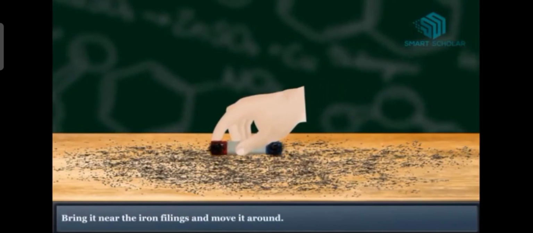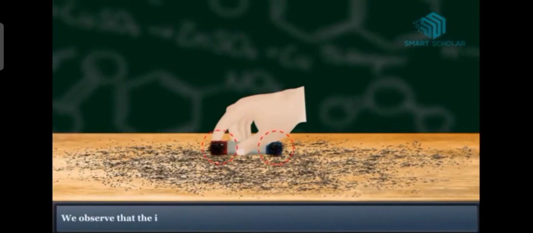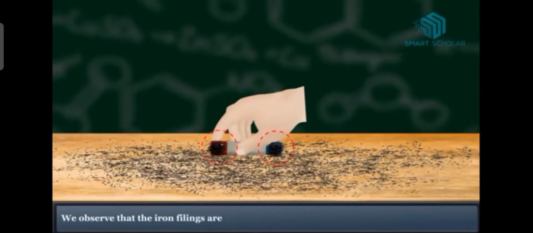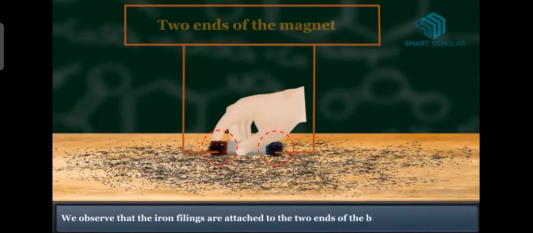We can see that the iron filings have been attracted to the magnet. And what is the peculiarity? These iron filings have been attracted at the ends of the magnet, both ends.